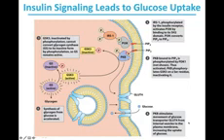When bound to PIP3, protein kinase B or PKB, or AKT, as it's another name, is phosphorylated and is activated by another protein kinase called PDK1, which is not shown here.